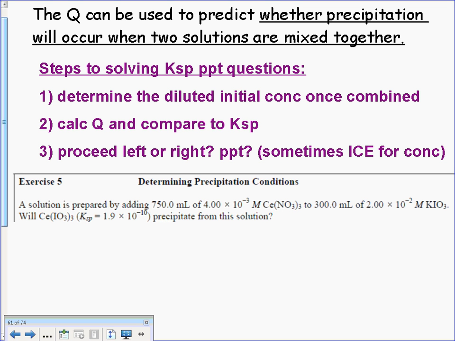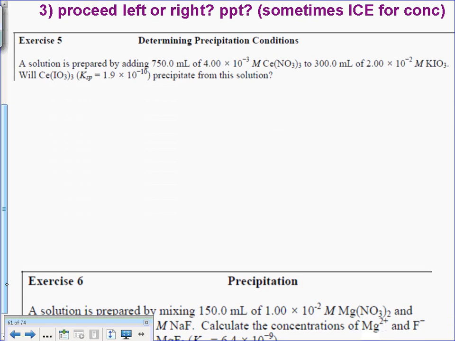Where have you done that before? Like 3 laps now, right? Multiply volume times molarity, divide by total volume. That gives you your new, diluted molarity. Calculate Q and compare it to Ksp, and then from there figure out if it precipitates. If it does, sometimes it'll ask what the ions left are. Sometimes it'll ask whether it precipitates or not. So I'll do 2 examples here. So here's your flow.